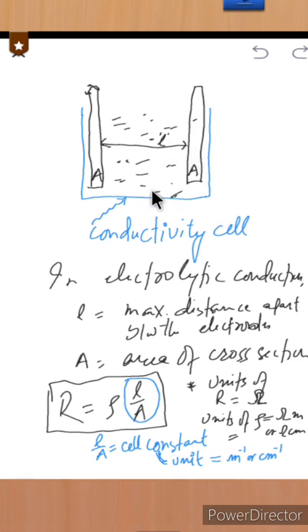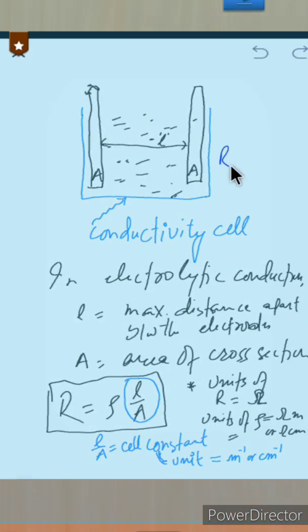In electrolytic conduction, suppose this is an electrolyte solution and two electrodes are kept here, and the maximum distance between these two electrodes will be L, and the area of cross section of the electrodes will be A. The same relation will be used here also: R is equal to rho, the resistivity, times L upon A. This is a conductivity cell, and this L upon A is called the cell constant of this conductivity cell.